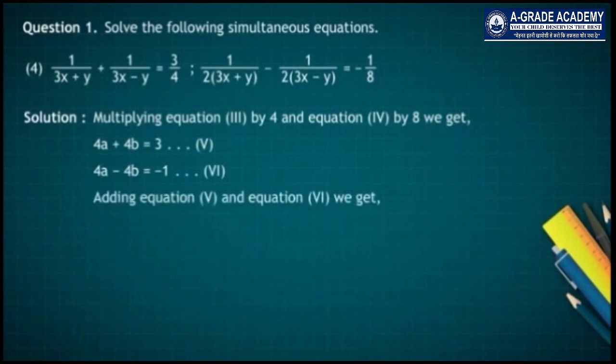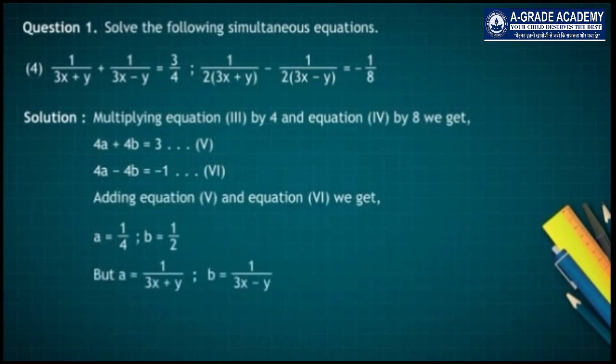Adding equation 5 and equation 6, we get a = 1/4 and b = 1/2. But a = 1/(3x+y) and b = 1/(3x-y). Therefore, 1/(3x+y) = 1/4 and 1/(3x-y) = 1/2.